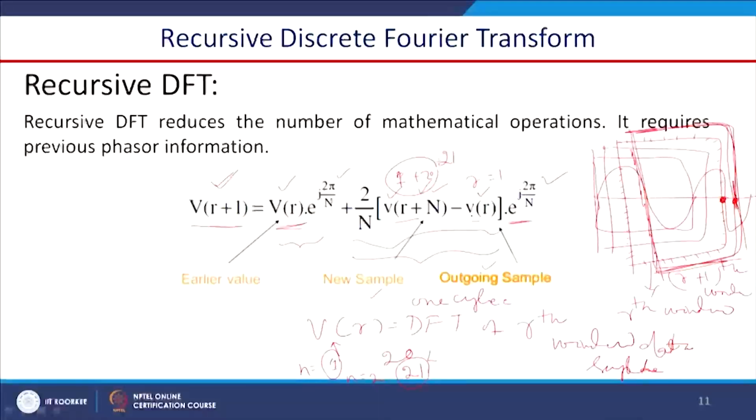The difference between these two sample values in magnitude is basically the gap that exists between the new sample and the old sample, and multiplying by this angle we will get the phasor information.